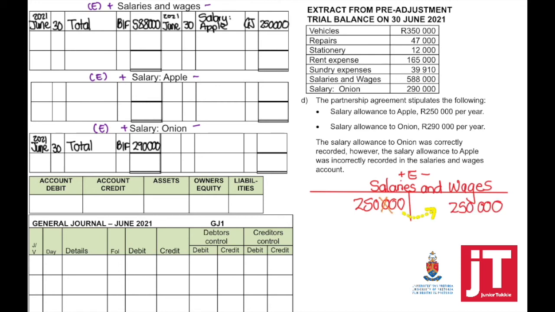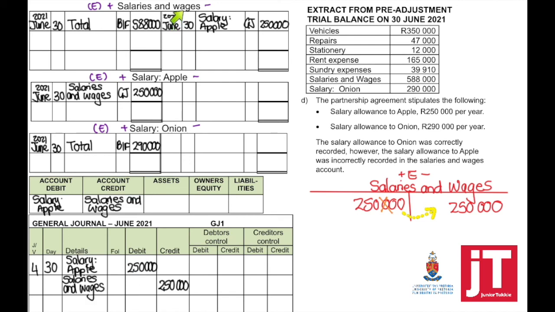To correct that, it means that we need to take it out. To take it out, it means salaries and wages will be credited. Account debited, salary of Apple. On my accounting equation and in the general journal, account debited is salary Apple with 250,000.